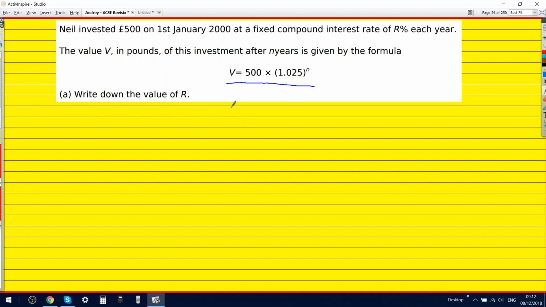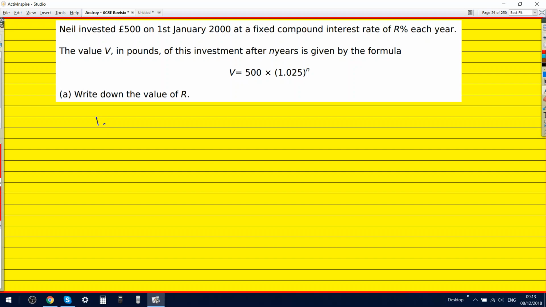So how would you do, let's say, a 20% increase? Could you do 500 times 1.2?